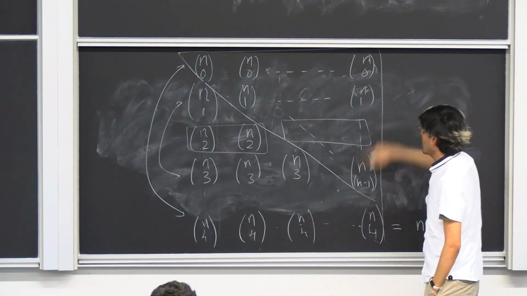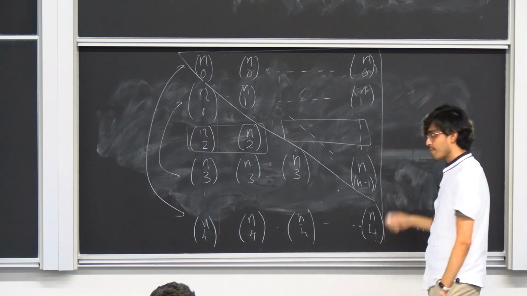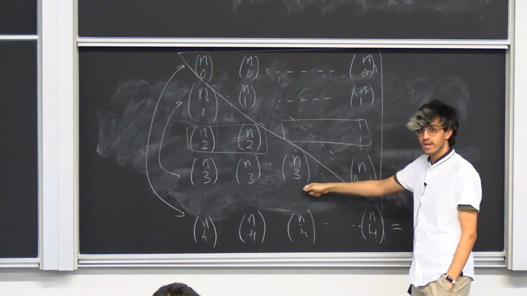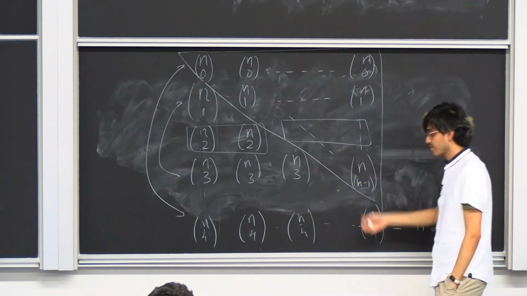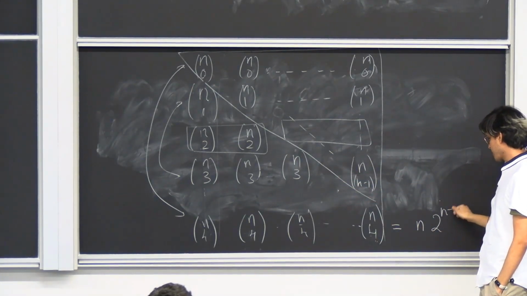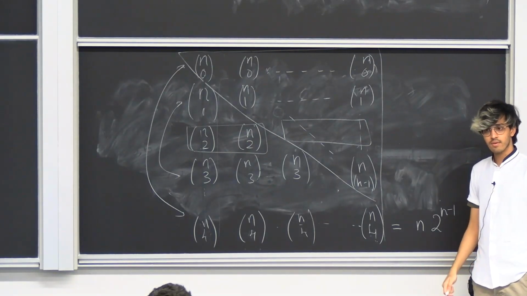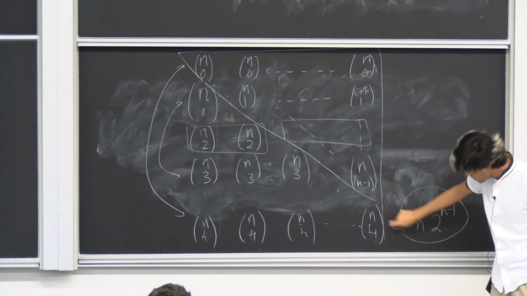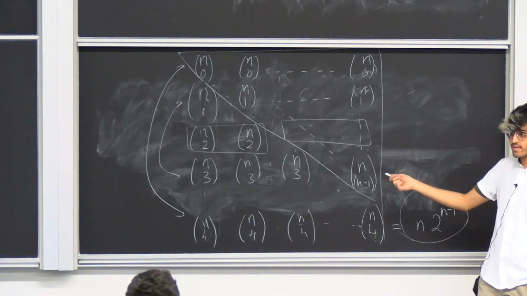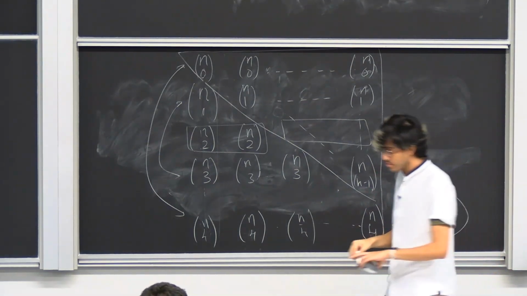We know that the entire square is n times 2 to the power n, and we know we can break it into 2 equal halves, and we only want to find the value of 1/2. So what's the value of that half? Just half of this. Divide by 2 is just -1 in the exponent, right? Now you have your answer. This is not how you're going to present it. This was for intuition.